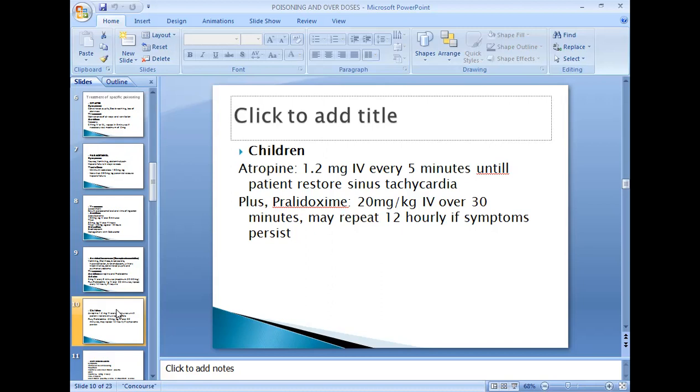So to recover sinus tachycardia, we give atropine plus pralidoxime 20 mg per kg over 30 minutes, and it can also be repeated 12 hourly if the symptoms of the cholinergic drug are persisting, like bradycardia.